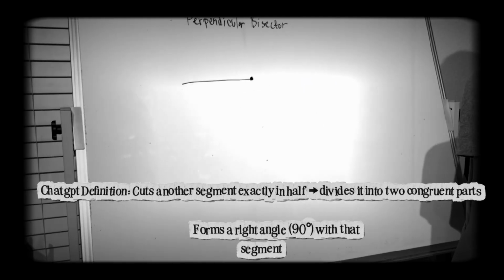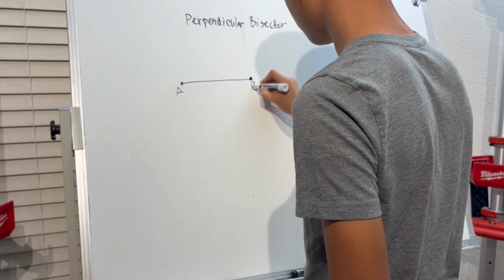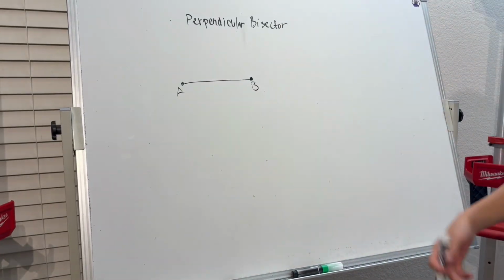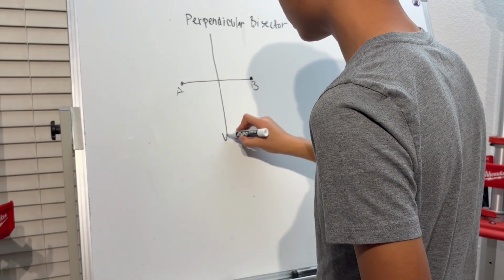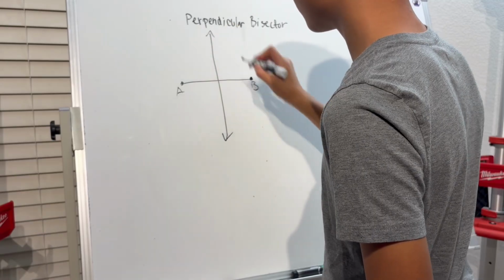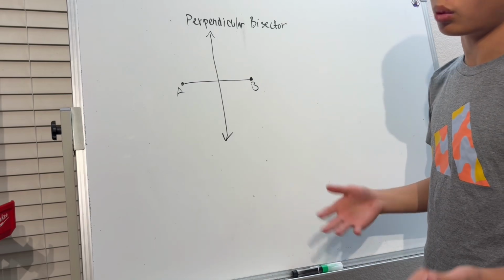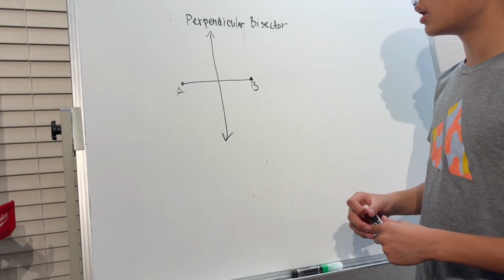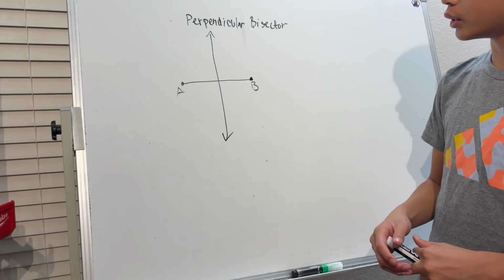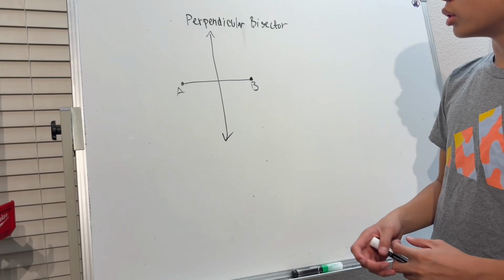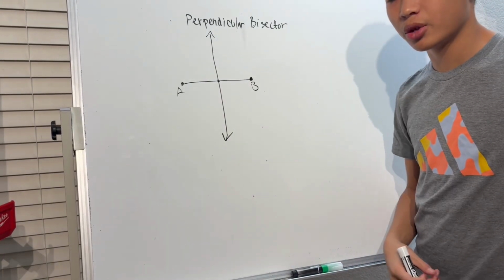Turn the light on, hold on. Okay. So let's say we have a segment AB, and a line going across it. This line is called a perpendicular bisector. But why is it a perpendicular bisector? Well, the definition is, where it intersects, can you tell what it is?